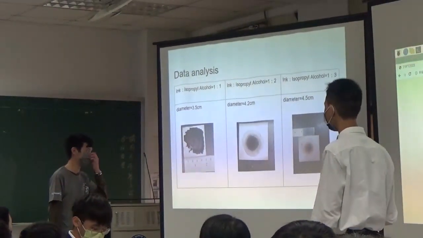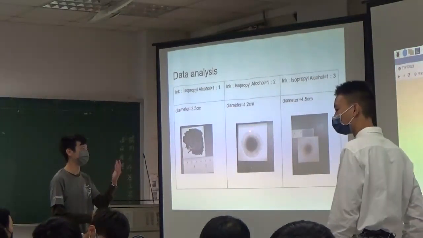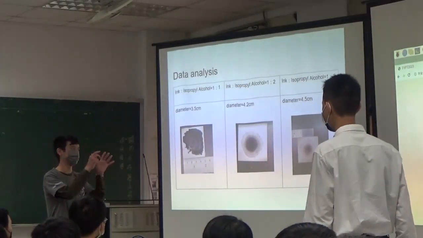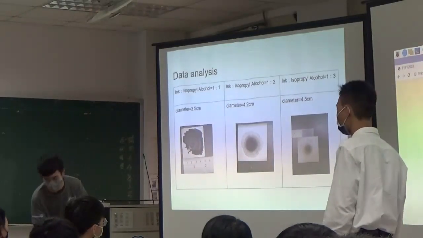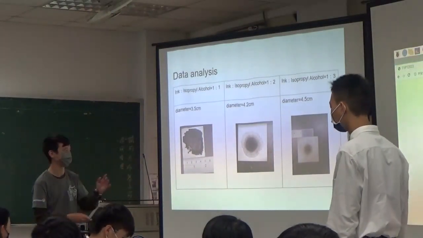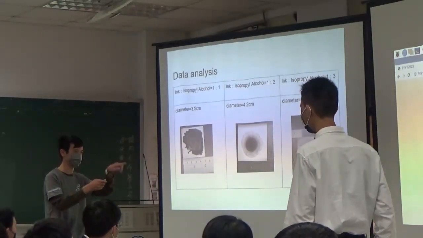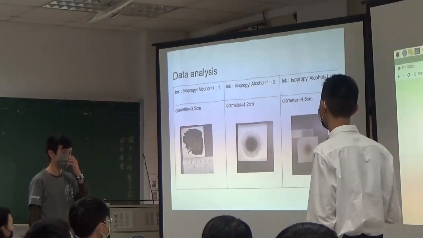Define a finger. We can find that it is a little bit like the branches of a tree. It is something a little bit separated from the outside, and the inside is very dense. Okay.